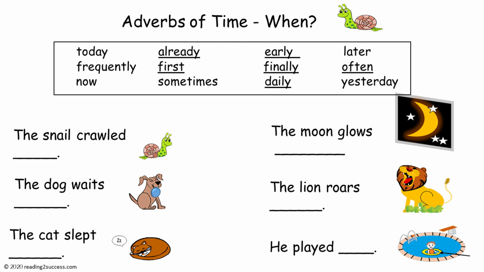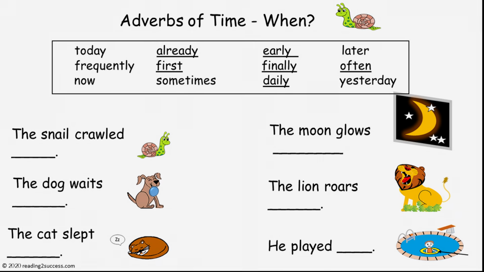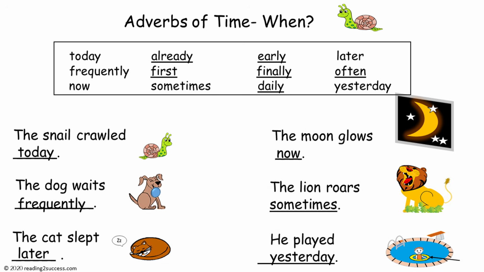And they are today, frequently, now, sometimes, later, and yesterday. This is a completed example, and the adverbs are today, frequently, later, now, sometimes, and yesterday.